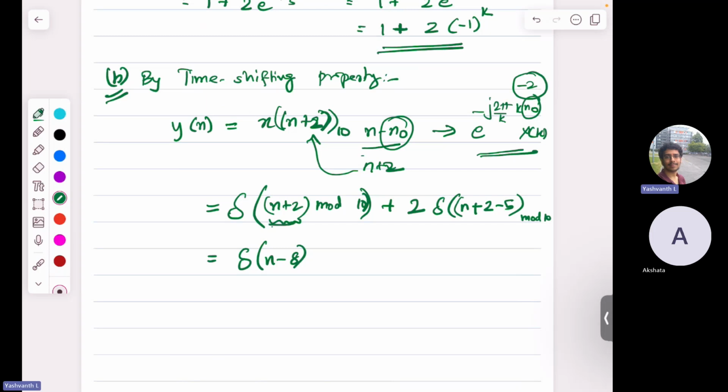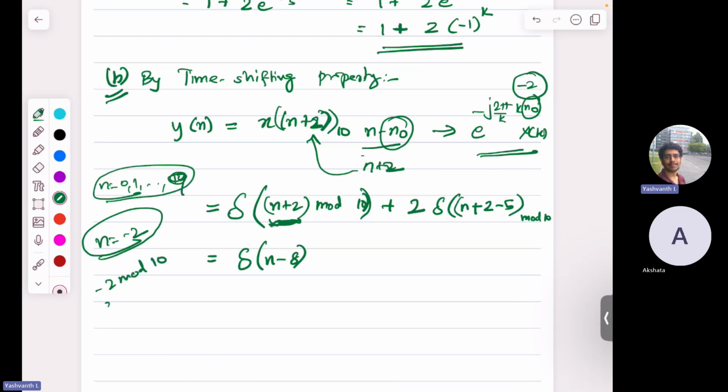Because this delta function has a non-zero value only at n equal to minus 2. But I'm interested in n equal to 0, 1, and so on till 9. It should have been one among these. Therefore, minus 2 mod 10 is the same as 8 mod 10, so I write delta of n minus 8. Similarly, the other term will be 2 into delta of n minus 3.